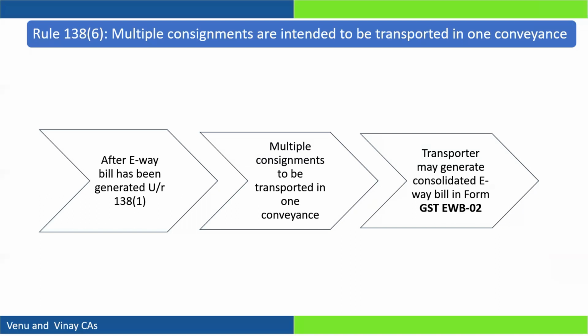So after e-way bill generation, the transporter is given the option to generate a consolidated e-way bill based upon the information provided in the e-way bill for each consignment. The transporter can generate a consolidated e-way bill in form GST EWB-02. Instead of carrying all those e-way bills, we can generate one consolidated e-way bill in the GST EWB-02 form.